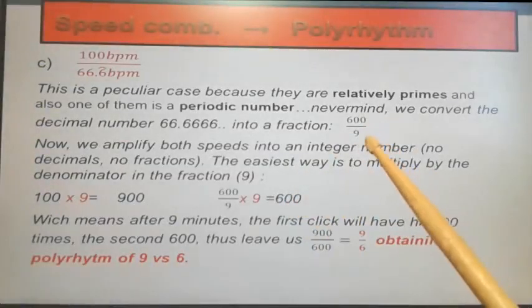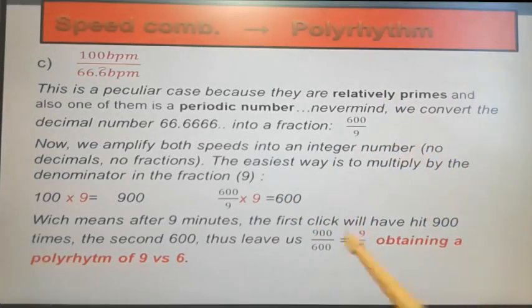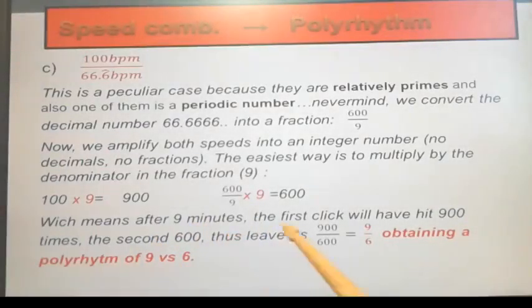The denominator is 9, hence the easiest number to multiply them by in order to make them integers is 9. So if we multiply 100 times 9, we obtain 900. If we do the same with the second, we obtain 600. Which means after 9 minutes, the first click will have hit 900 times, the second 600 times. This leaves us 900/600, obtaining a polyrhythm of 3 versus 2.